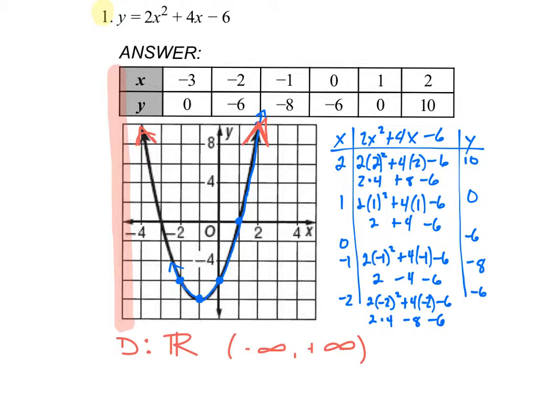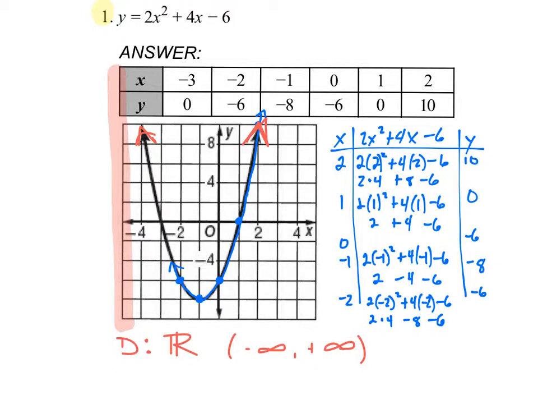Does that make sense? One of the things that I expect you to be able to do on the upcoming quizzes and tests is write domain like this: from negative infinity to positive infinity. We good? Just FYI, the domain on pretty much every single one of these will be all real numbers.